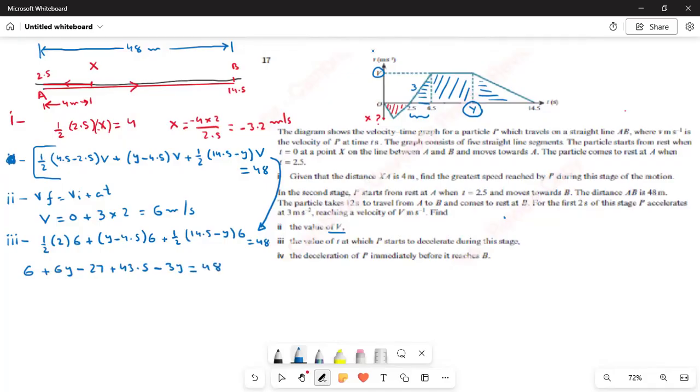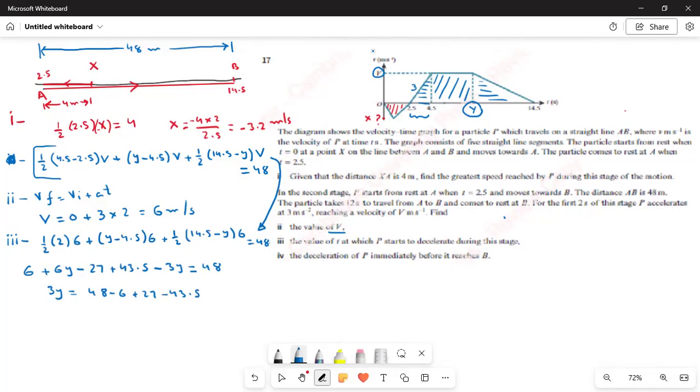So 6Y minus 3Y is only 3Y, and on the right side, I have 48, then minus 6, then plus 27, and minus 43.5.